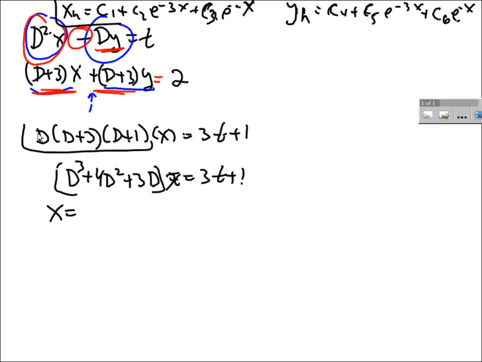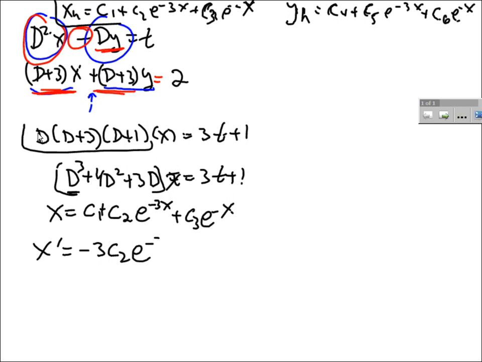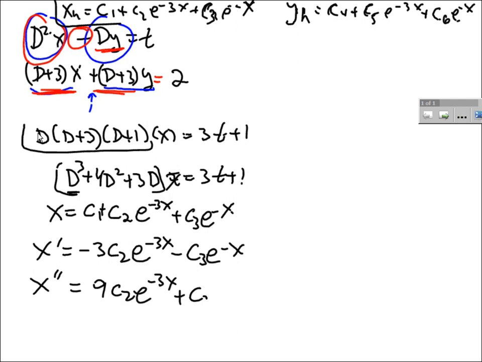So we have x at the top. We have x is c1 plus c2 e to the negative 3x plus c3 e to the negative x. And we need up to the third derivative. X prime is negative 3c2 e to the negative 3x minus c3 e to the negative x. X double prime will be 9c2 e to the negative 3x plus c3 e to the negative x.